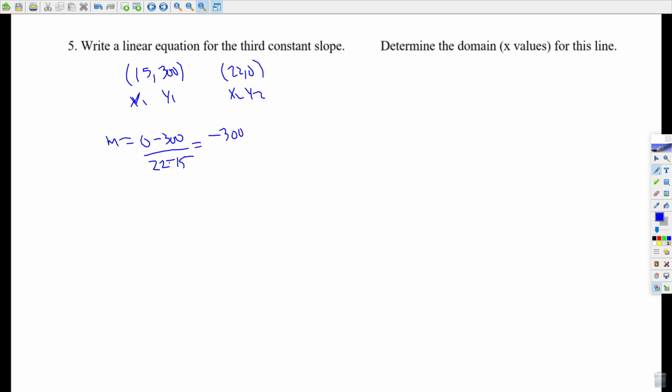So it's going to be negative 300 over 7, which is going to be disgusting, but that's okay. Looks like it's 42.85. Alrighty, let's just round it up to 43. That'd be a little easier. Oh, negative.